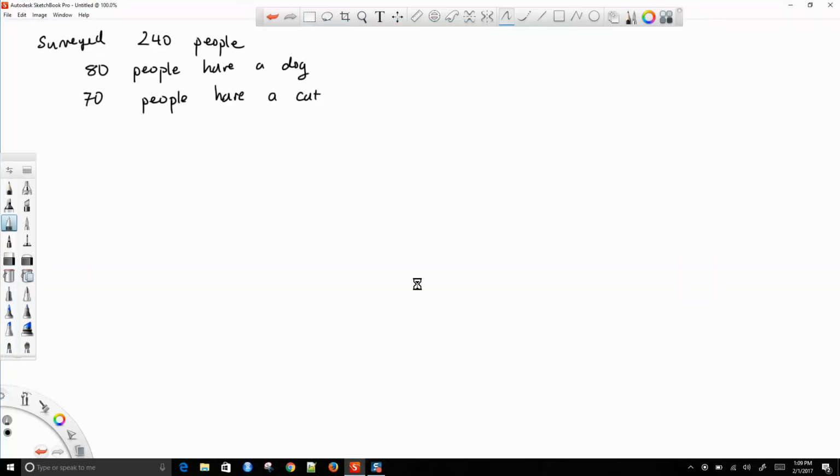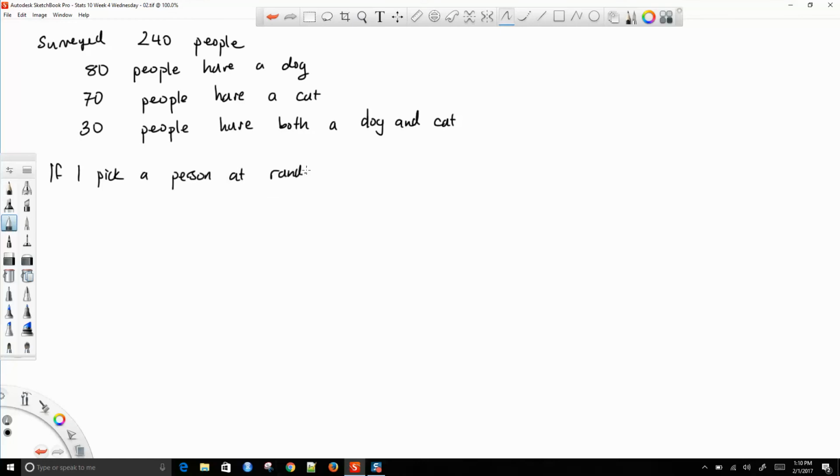And we will say 30 people have both a dog and cat. Okay, and so the question is, if I pick a person at random, what is the probability they have a cat or dog?